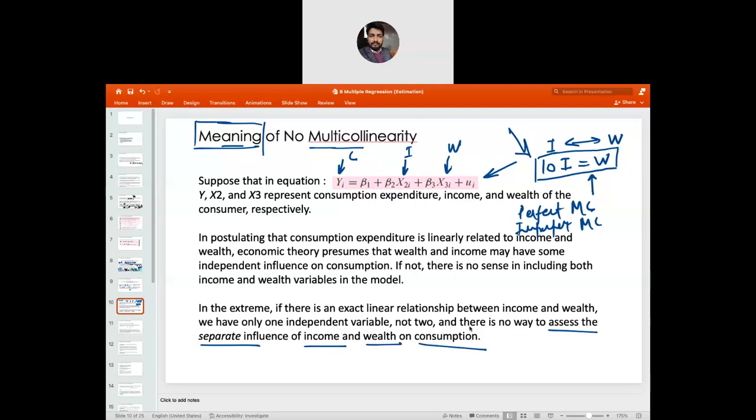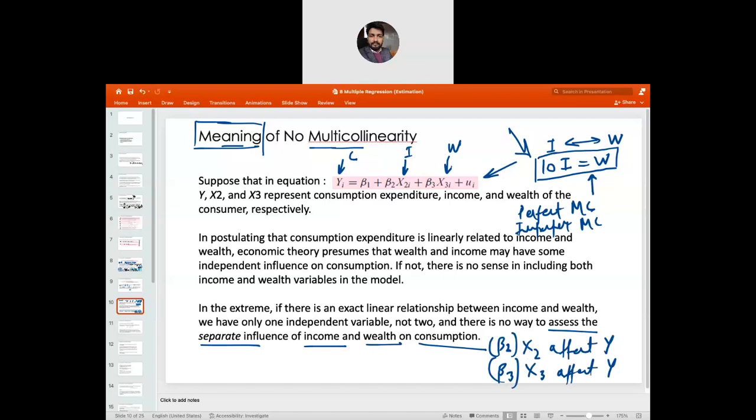So we are trying to measure how much X2 affects Y, and this effect is contained in beta 2, and how much X3 affects Y, which is contained in beta 3, whatever the value of beta 3 is, right?